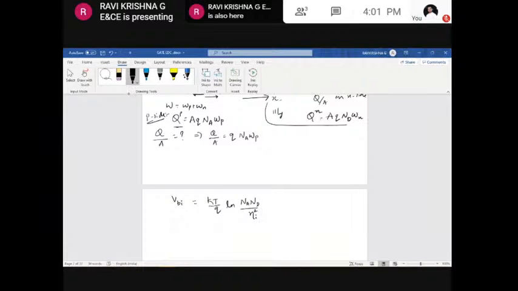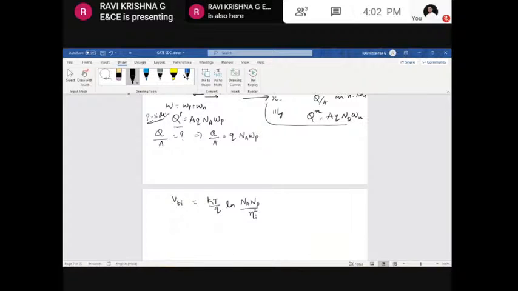Here Ni is the intrinsic carrier concentration in silicon. If you consider the intrinsic semiconductor, it tells how many charges are available per cubic centimeter. It is already given that Ni is 1.5 into 10 to the power of 10 charge carriers per cubic centimeter.